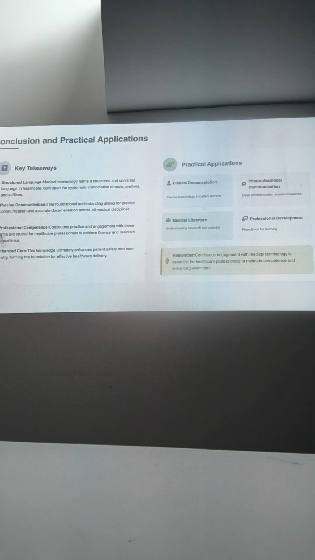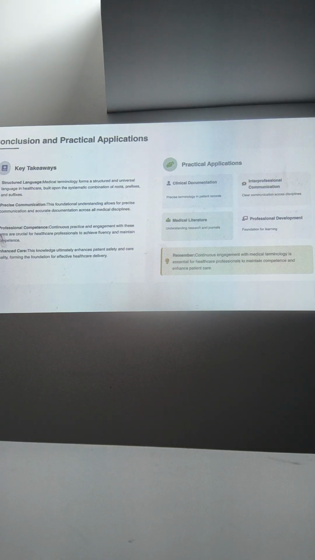All right, in conclusion, medical terminology forms a structured universal language in healthcare built upon the systemic combination of roots, prefixes, and suffixes. This foundational understanding allows for precise communication and accurate documentation across all medical disciplines. Continuous practice and engagement with these terms are crucial for healthcare professionals to achieve fluency and maintain competency. This knowledge ultimately enhances patient safety and care quality, forming the foundation of effective healthcare delivery.